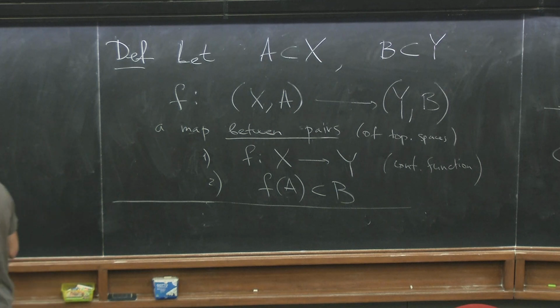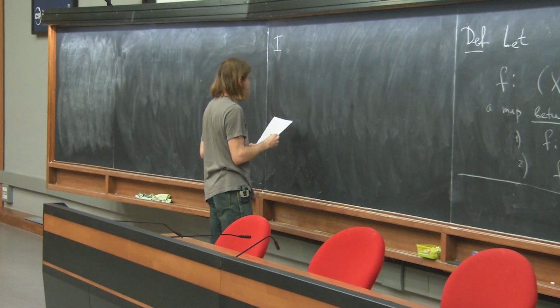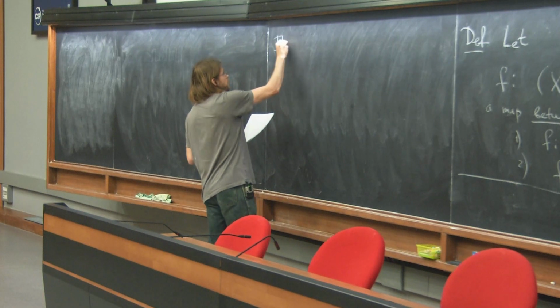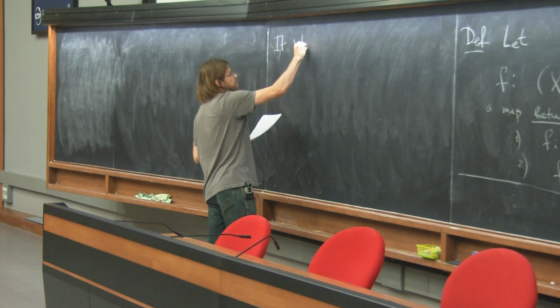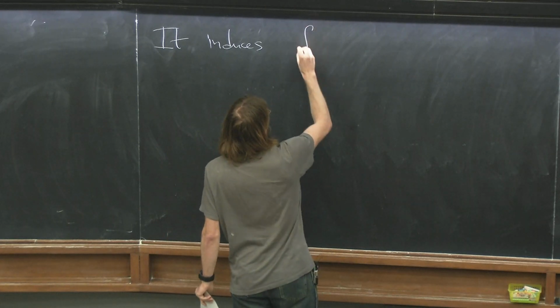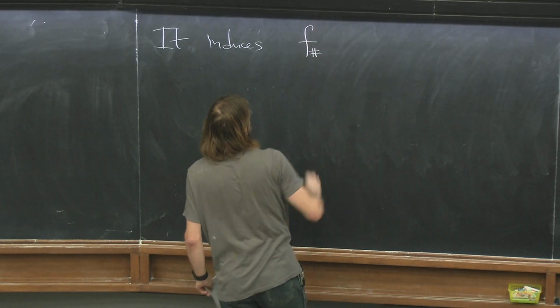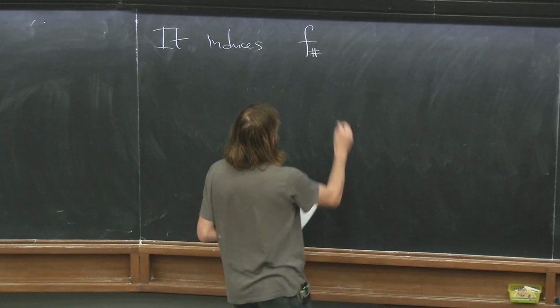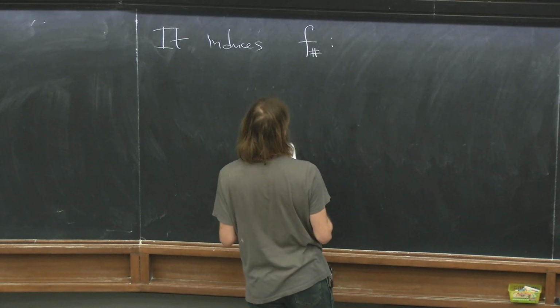And moreover, it's a nice thing to consider with respect to our singular chains and homologies. In particular, such a map between pairs induces a homomorphism, which we again denote f sharp.